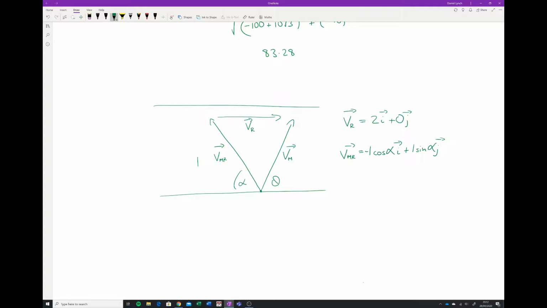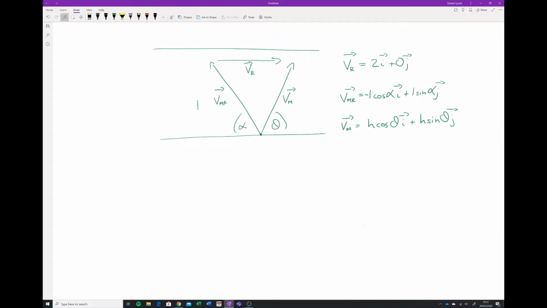And that is in an upwards direction, so the j's are positive. Now it comes down to our guy here. Well, we don't know anything about this really, so we can just say that it's going to be h cos theta i plus h sine theta j. That's about as much as we can say.